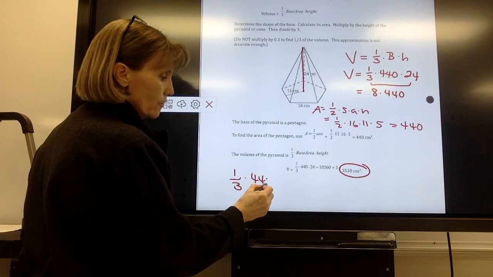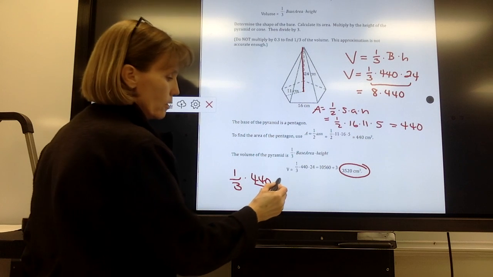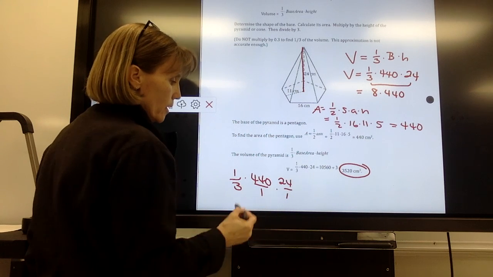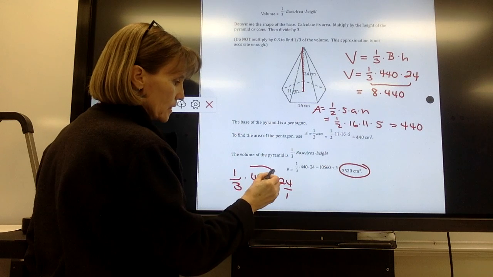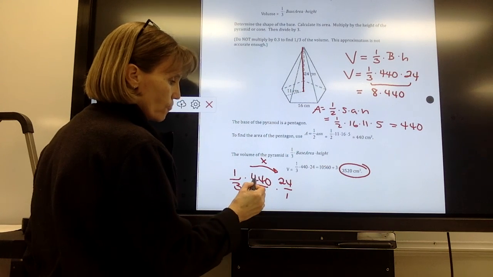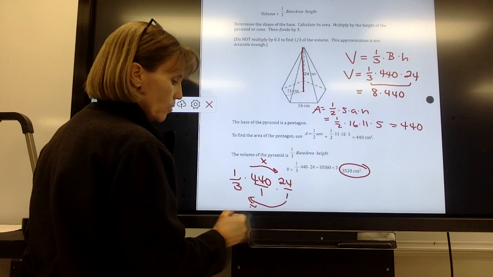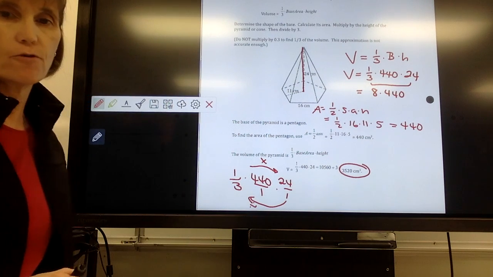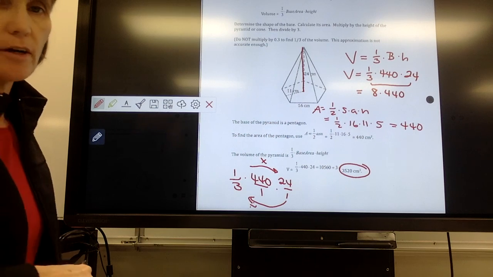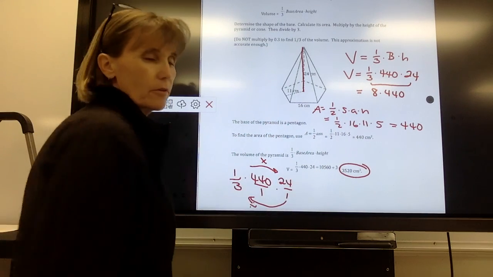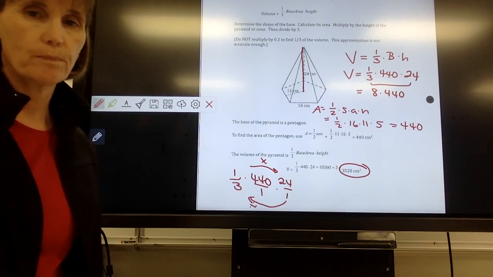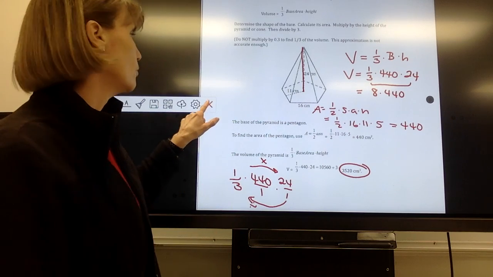This is very similar. We could put 440 over 1 times 24 over 1. And again, you're multiplying on the top. So we're going to multiply 440 times 24, and then you would be dividing by what's in the denominator. So you could take 440 times 24, divide your answer by 3, and you'd end up with that 3520 also. Okay, that's one way to do that.